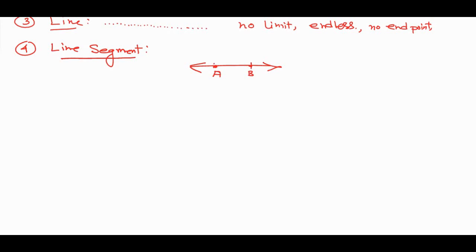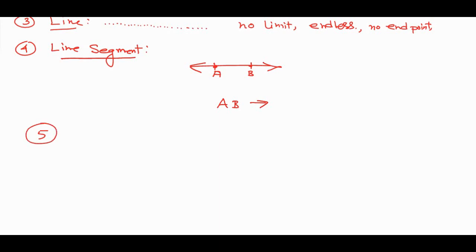This small part or small piece is called line segment AB. This is a small piece of a line. So this is all about line segment.